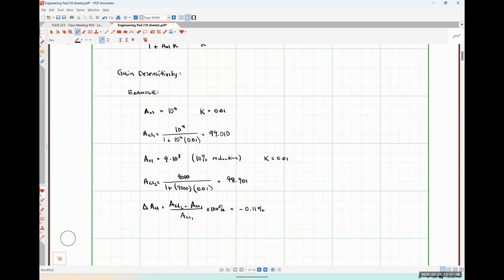So we're going to get very, very consistent results, even if we have a quote unquote bad op amp where the gain is lower than its typical value, or a quote unquote good op amp where the open loop gain is much higher than its typical value.